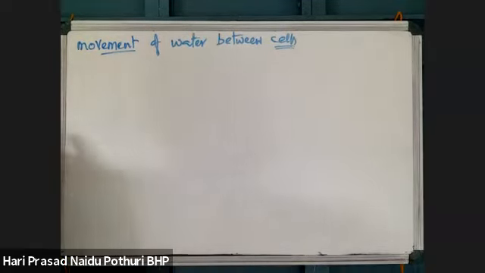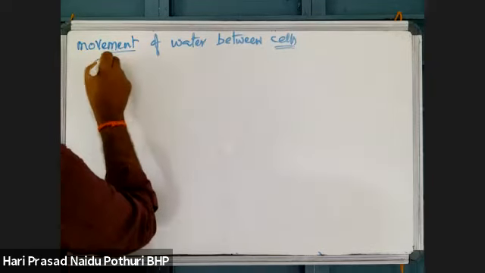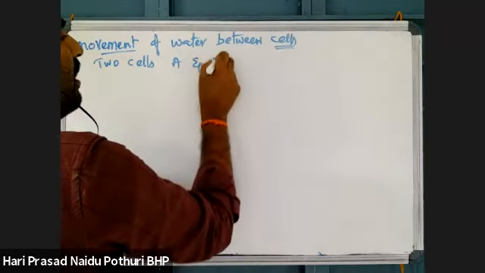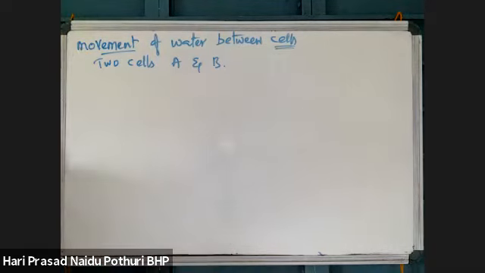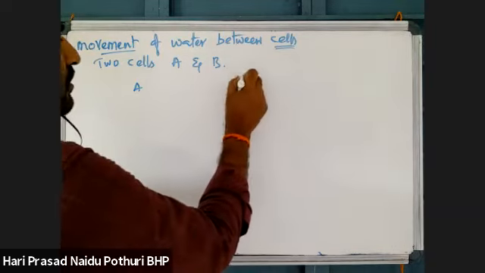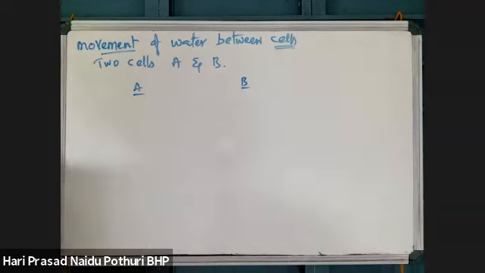Suppose two cells are there, cell A and cell B, where movement of water is taking place. Cell A and cell B values I will give separately.